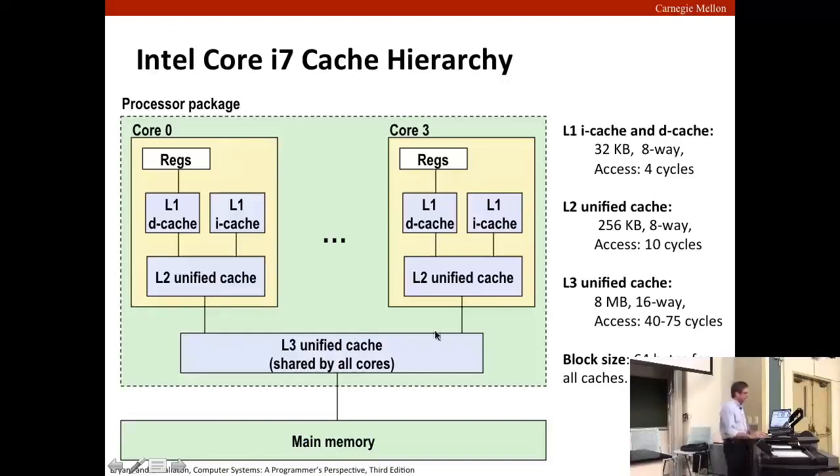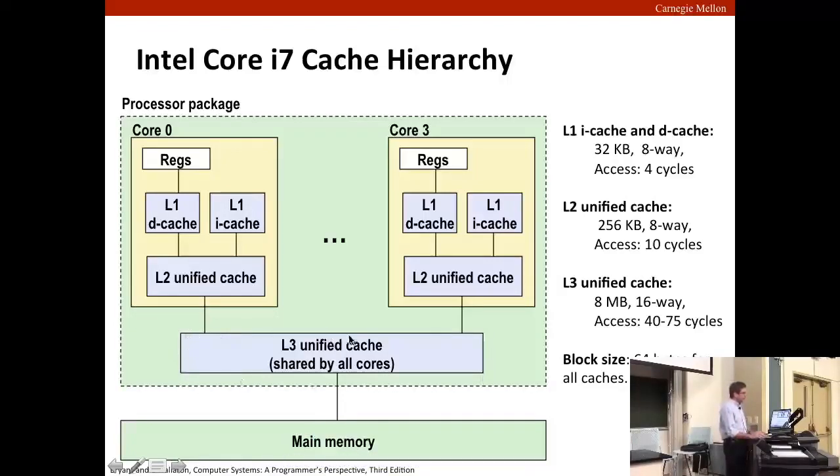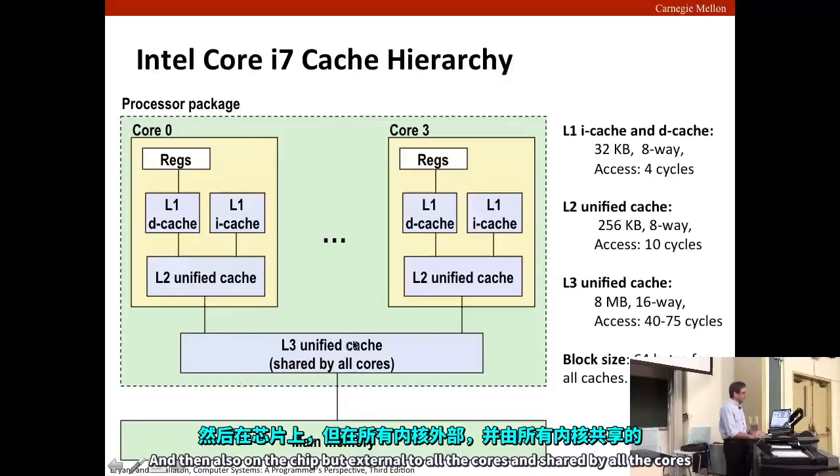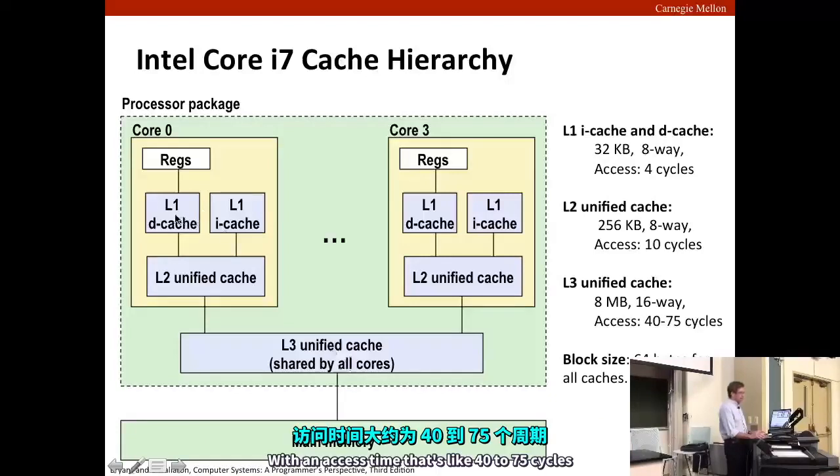So that's all within a single core on the chip. And then also on the chip, but external to all the cores and shared by all the cores, is an L3 unified cache, which is 8 megabytes and 16-way associative, with an access time of like 40 to 75 cycles.